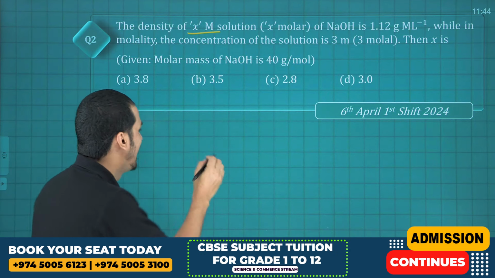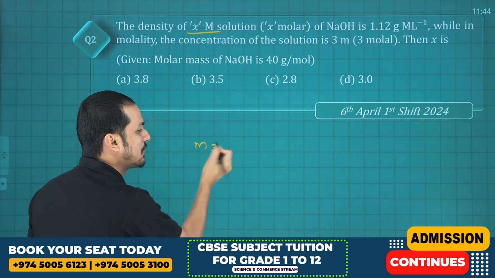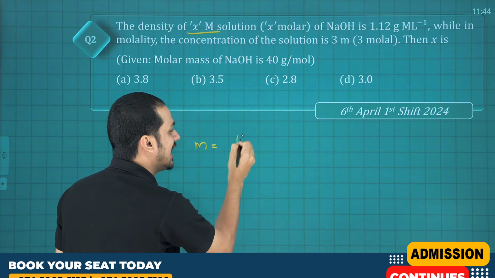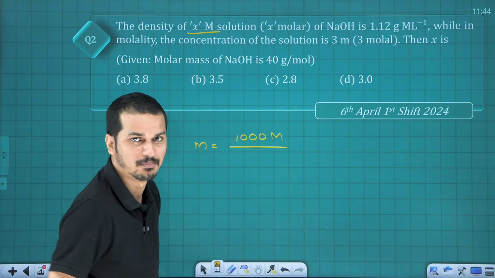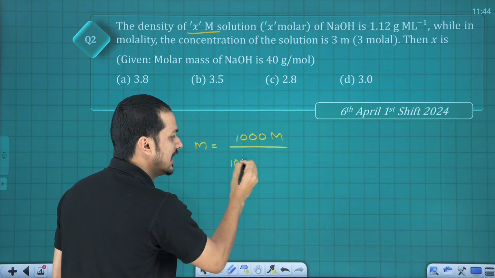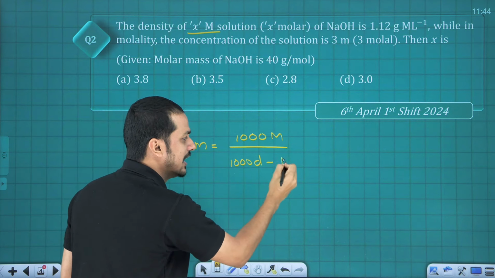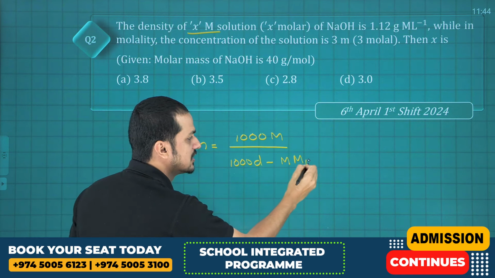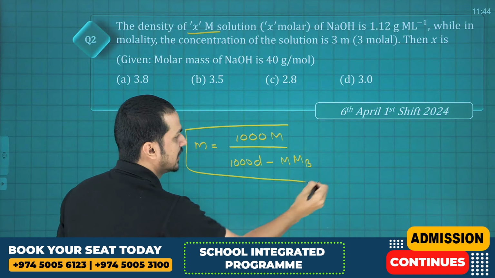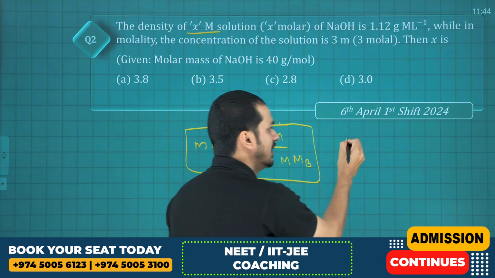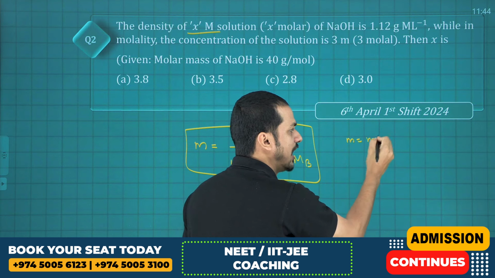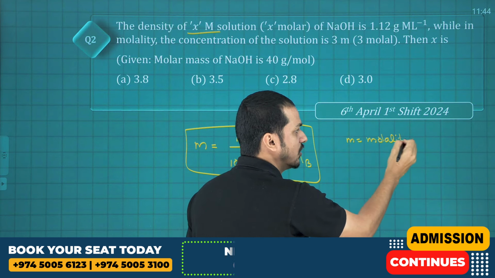What's the formula? Molality is equal to 1000 times molarity divided by 1000 times density minus molarity times MB. This is the formula we can use, dears. Small m means molality of the solution.